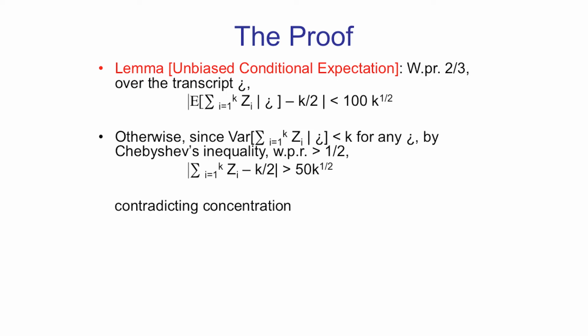So why is that? Here's the whole argument. Fix any transcript tau. We said these bits conditioned on tau are independent. So what is the variance of the sum of independent bits? It's always at most k, no matter what these bits are.